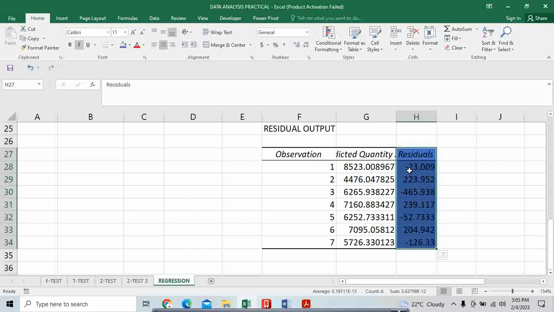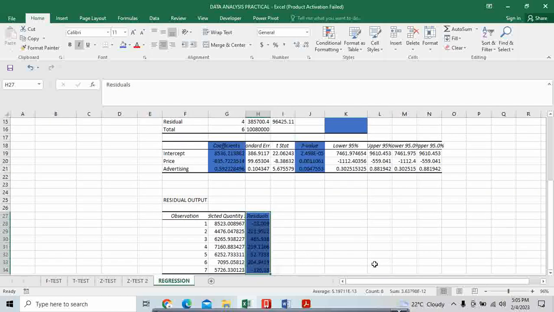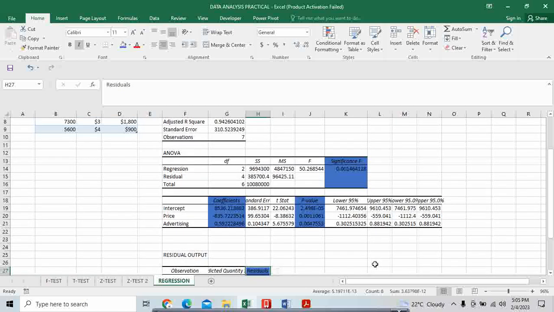So if we are having a negative, it means that we are going to increase our business. If we are having positive numbers and they are big like this, we are going to make a loss. Why? If you compare this to the figures that we have, it's like this.